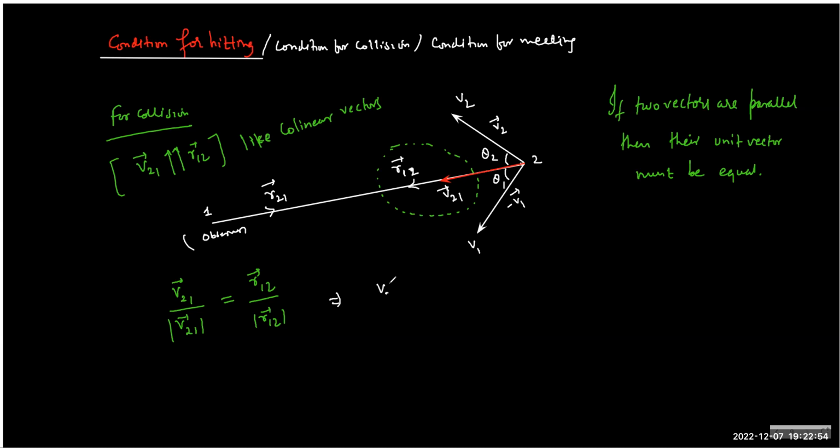And you can elaborate it as V2 minus V1 upon its modulus, which is the same as R1 minus 2 upon its modulus. See, there is the difference. It's 1 minus 2.